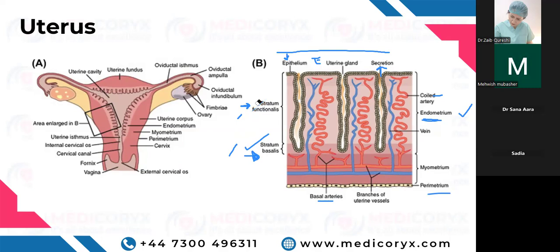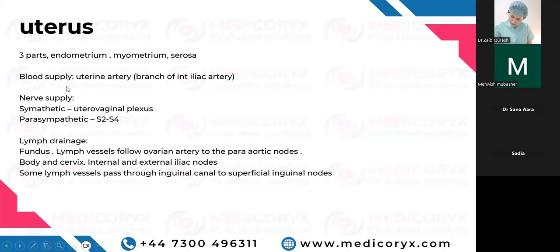Now we will go towards the uterus. We already learned that it has endometrium, myometrium, and serosa. We already learned that blood supply is uterine artery, which is the branch of the internal iliac artery. And in the exam, they specifically can ask that anterior division or posterior division of the internal iliac artery.